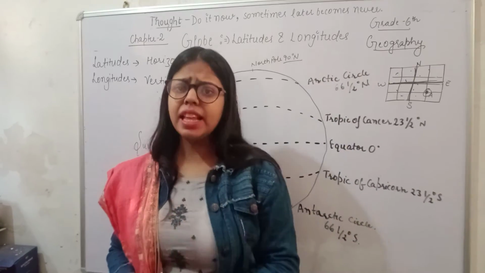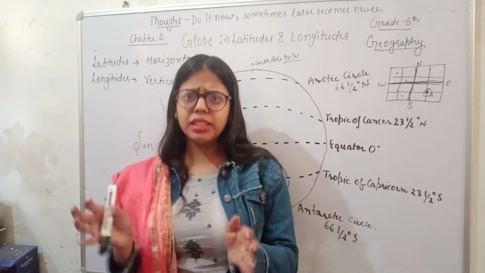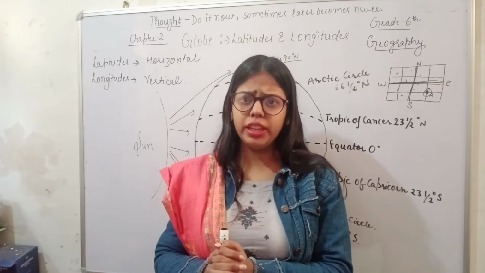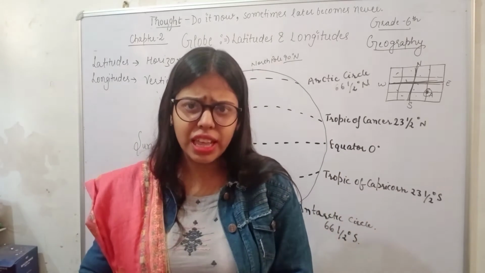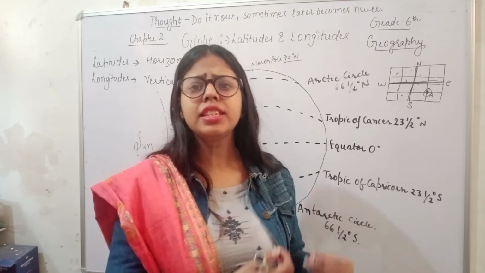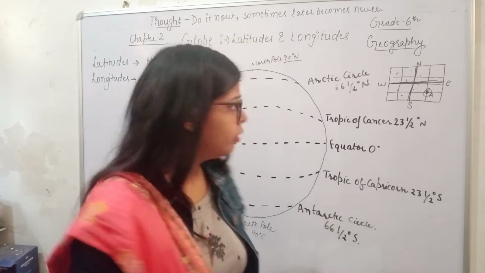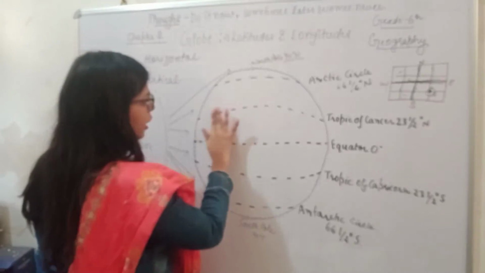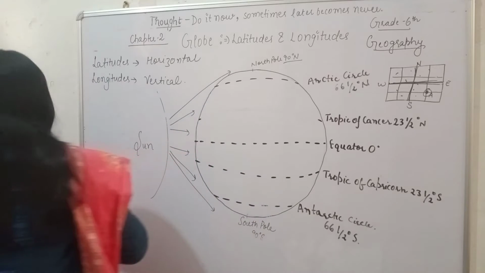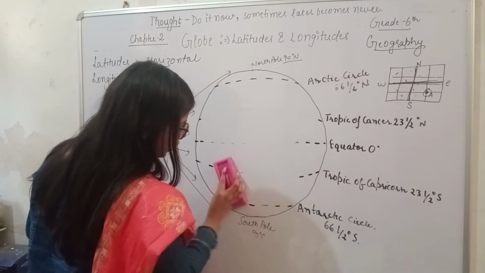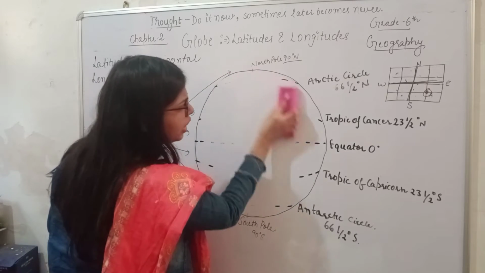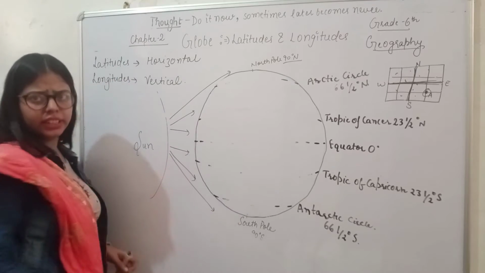So these latitudes and longitudes are lines of reference. We use these reference lines so that we can locate any place easily. Suppose this is our earth. If I do not draw these lines, it will be difficult for me to locate any country.